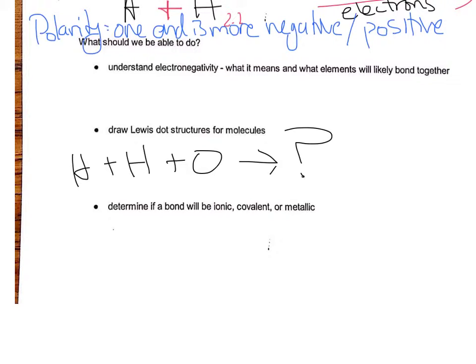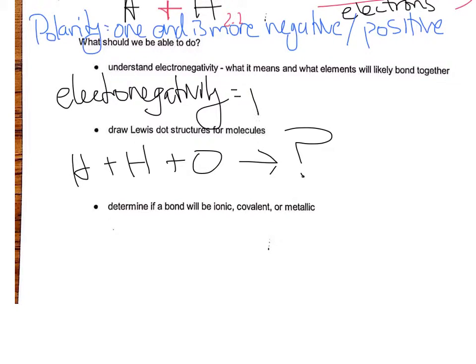So let's write that down. Electronegativity, just as a review, is a measure of the pull on electrons by atoms or elements.